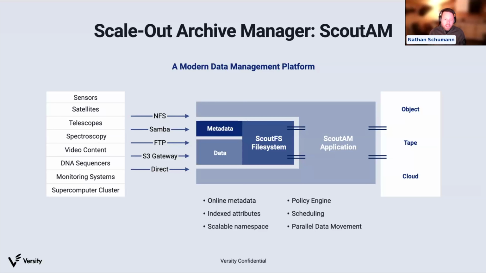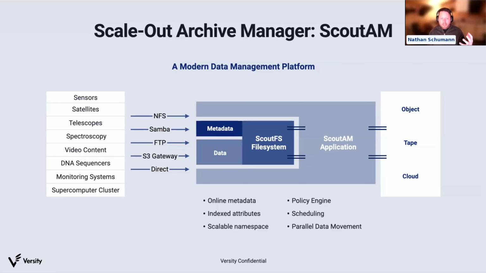The core of ScoutAM and really part of the underlying technology that enables us to scale out the platform is ScoutFS. And so when we look inside ScoutFS and the two major components that make up that piece of the infrastructure, we separate metadata and data. The reason why we do that is pretty simple, actually.